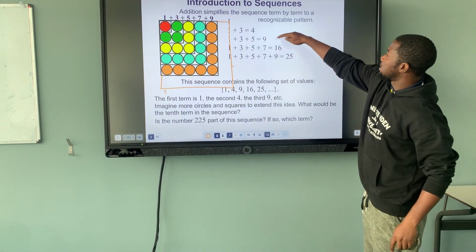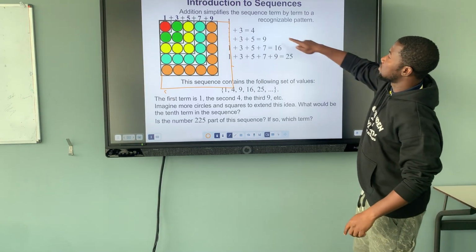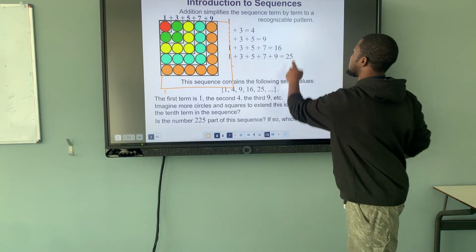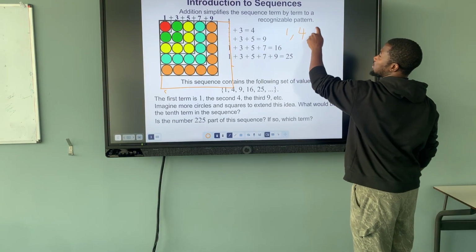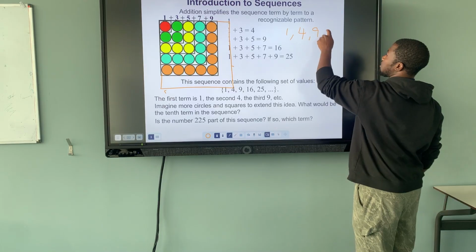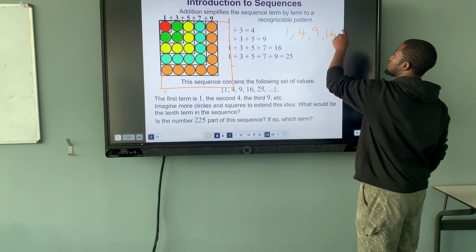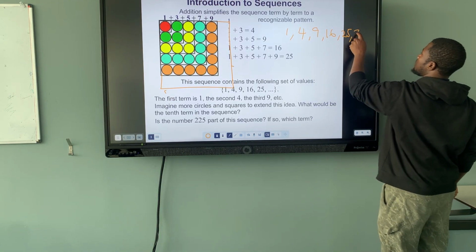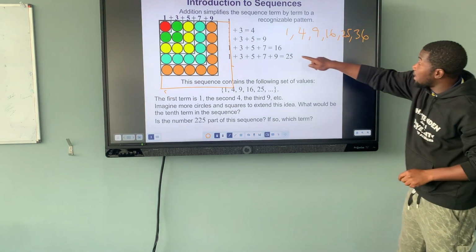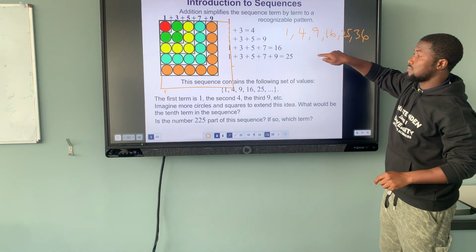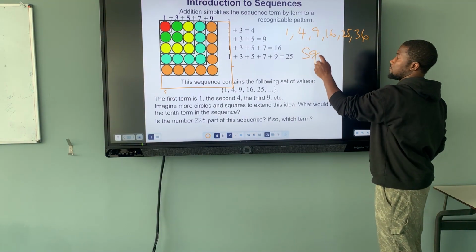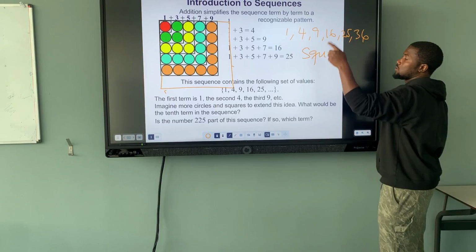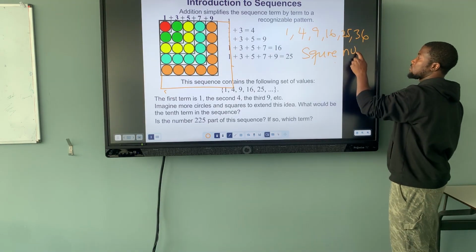So if you know the relationship here, you can continue, because you see this is 1, the next one is 4, the next one is 9, next one is 16, next one is 25, the next one will be 36. Because I have already seen the pattern. This pattern is giving you the square numbers, which we just discussed previously, the square numbers.